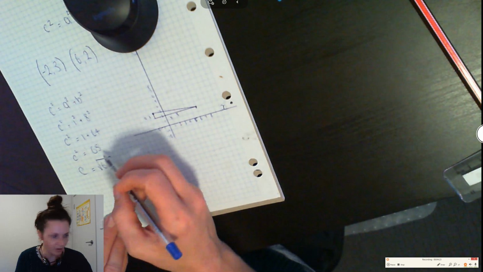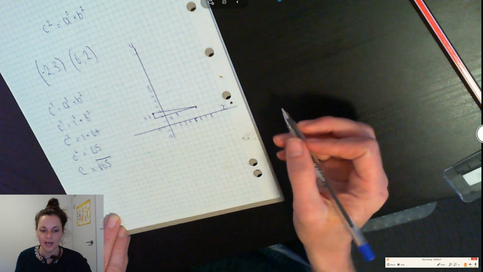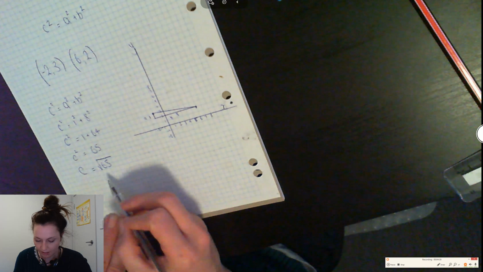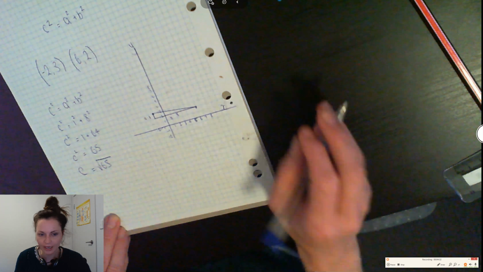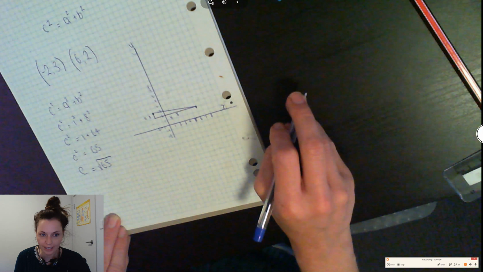For the purposes of this, we are just going to leave it like that, but you could also find a decimal value, and like I always say, to 2 decimal places. So that's effectively what we were doing today.